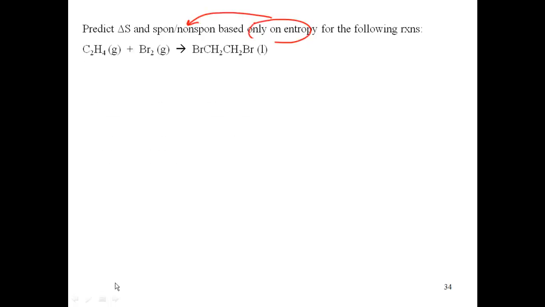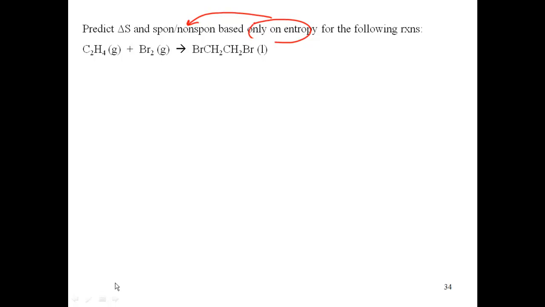Let's look at a reaction. I have ethylene plus bromine gives me ethylene dibromide. It's going from gaseous molecules to liquid molecules, which indicates it's going from a highly disordered system to a less disordered system. In terms of number of molecules, it's going from 2 moles to 1 mole.